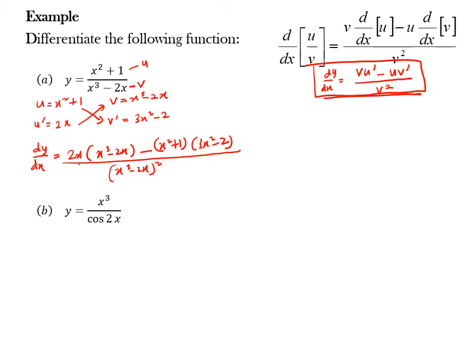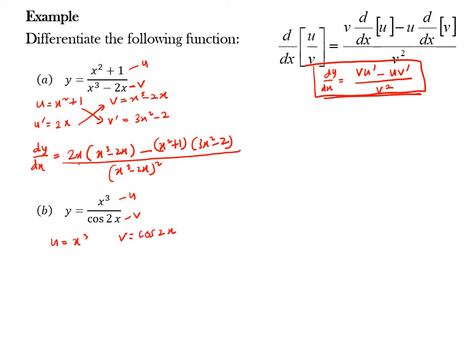Okay, that's it. If you can simplify, you simplify. So in this slide, I will not show it. Okay, now for b it is the same thing. This is u, this is v. So u is the one on the numerator, v is the one on the denominator.